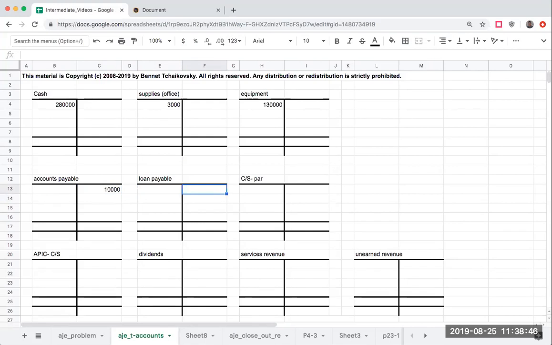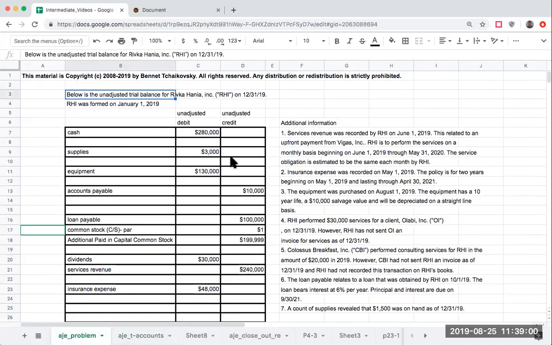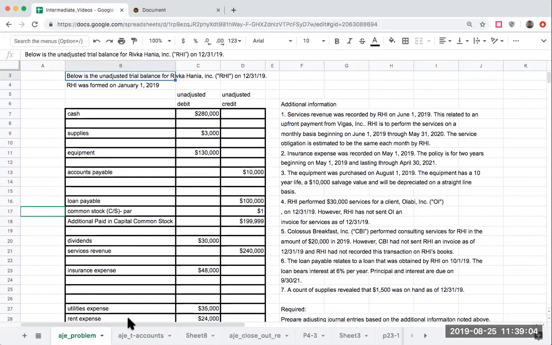My loans payable was a $100,000 credit. Common stock at par was $1. Additional paid-in capital, common stock was $199,999. Again, I'm getting these right from over here. I'm just pulling these off of this unadjusted trial balance and putting these balances into T accounts.